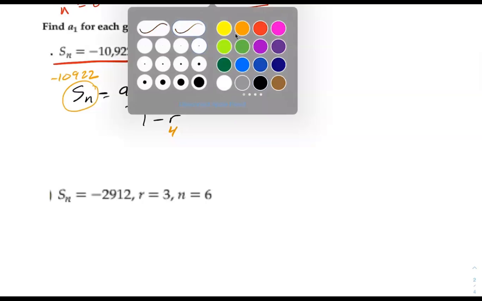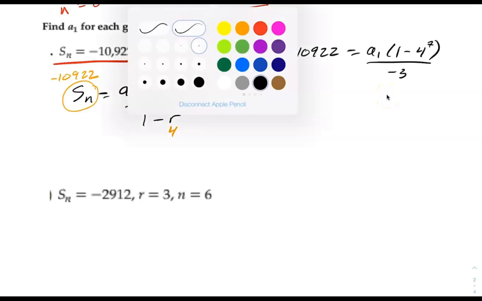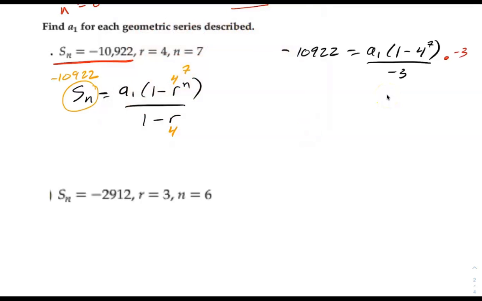So I'm going to simplify this down a bit. I'm going to get -10,922 equals A1 times 1 minus 4 to the 7th, all over 1 minus 4, which is just -3. So that's just an algebra problem. Let's get rid of the -3. I'm going to multiply both sides by -3. So these cancel out.